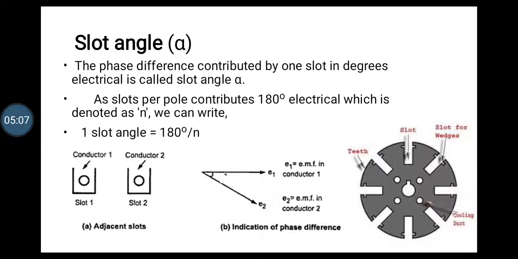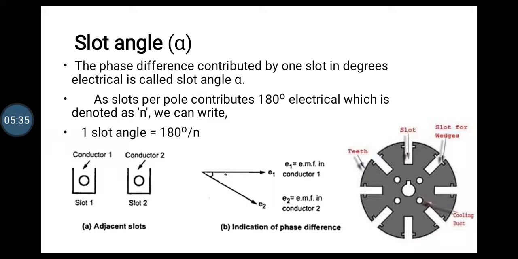You can notice here conductor 1 and conductor 2 placed in slot 1 and also slot 2. The conductor produces E1 and conductor 2 produces E2, that means the EMF of conductor 2. The angle difference between these EMFs, we call it the slot angle.